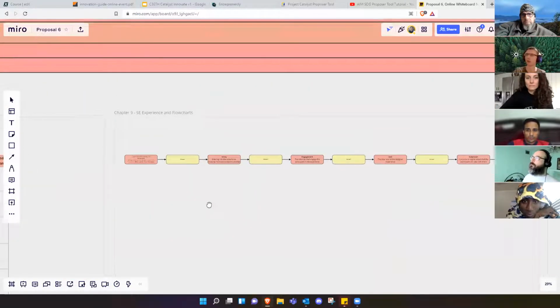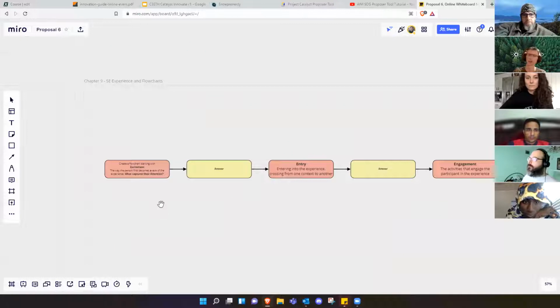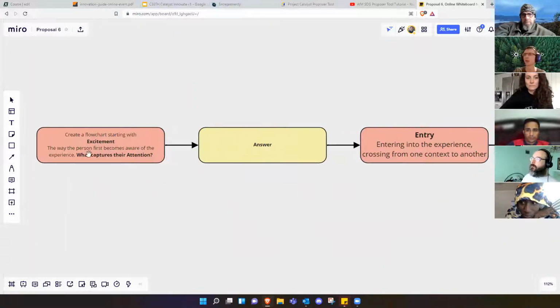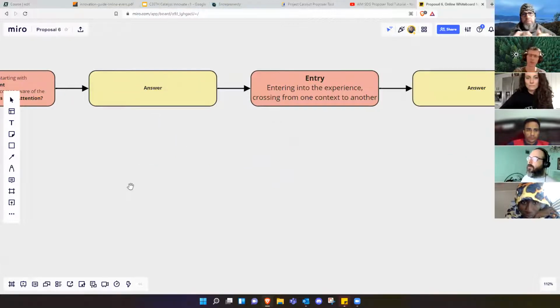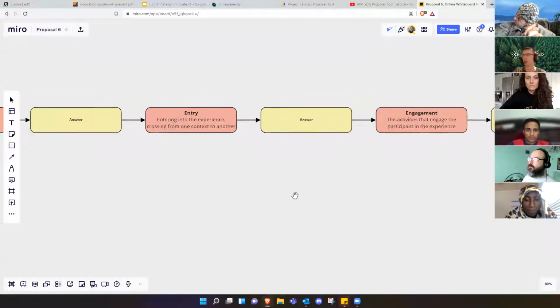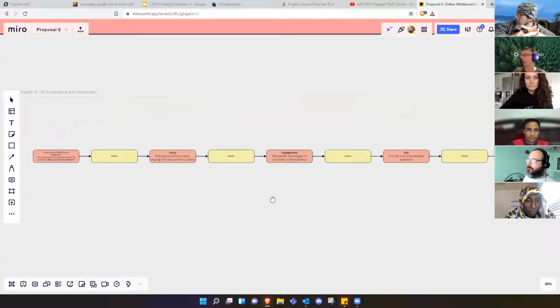And then we also have a chapter for defining user experience, where you can brainstorm some kind of flow chart. Why should users engage with you? What is the first entry, what do they see there, and what do they get out of that?